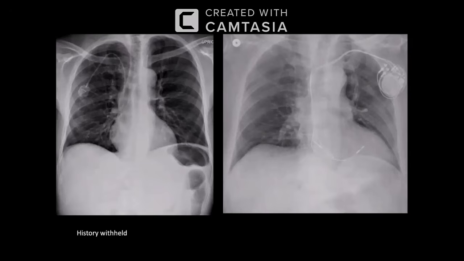So now I am looking at both lung fields. No evidence of any parenchymal abnormality is seen. No evidence of pleural effusion. And there is a small lobulated density seen in the right hilar region.